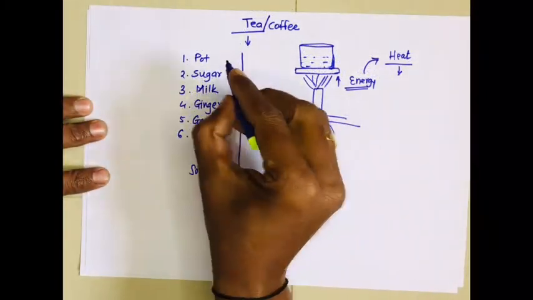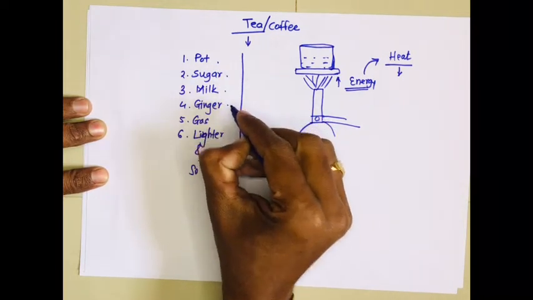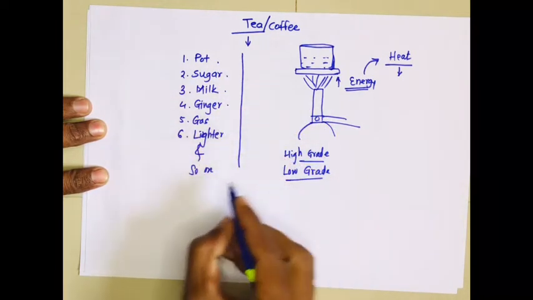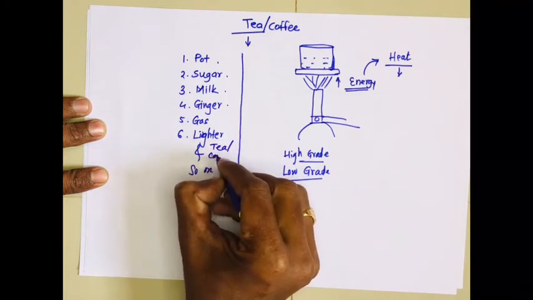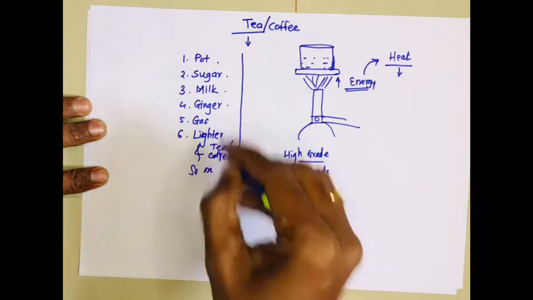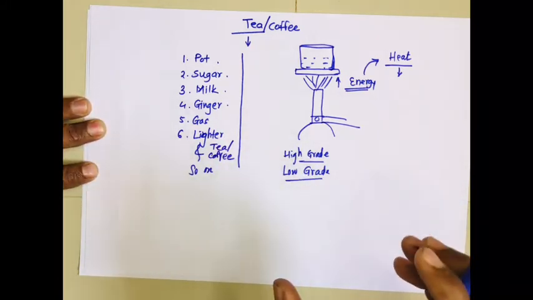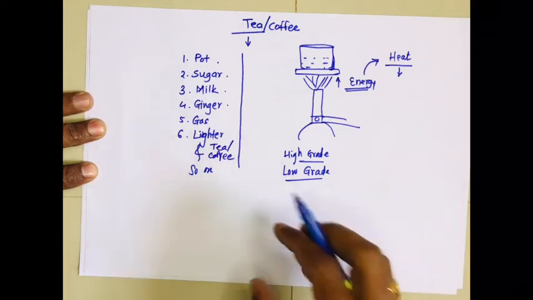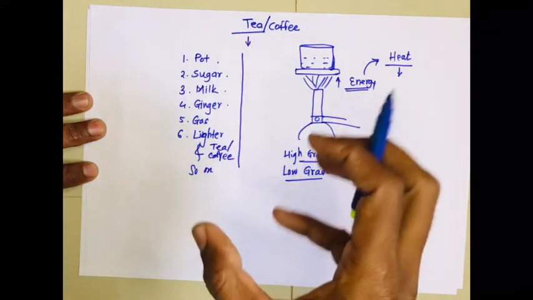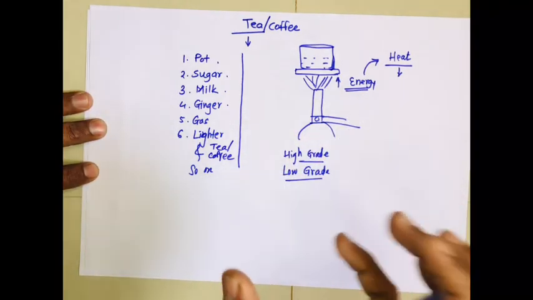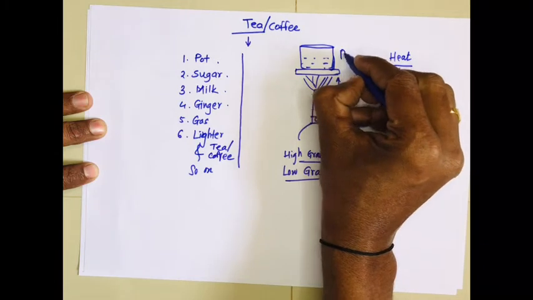We might be in need of a pot, sugar, milk, ginger, gas, lighter, or tea or coffee powder or coffee beans, depending upon which type of tea or coffee you want to prepare. Now let us assume that we have taken all these ingredients in proper proportion and kept them in this pot.